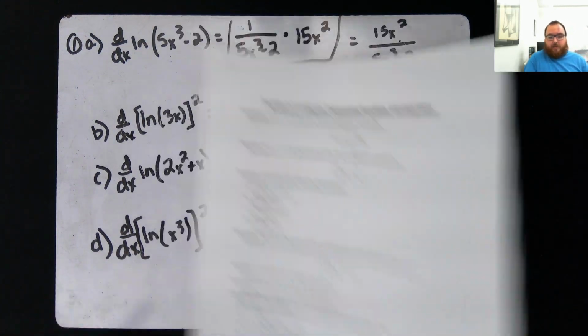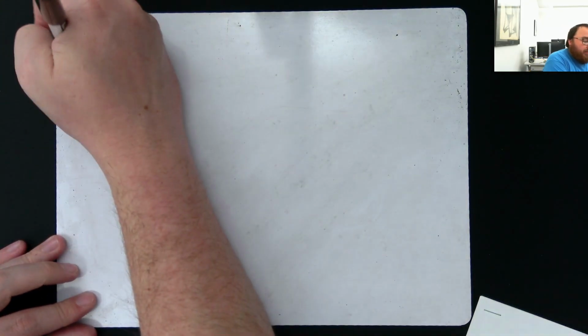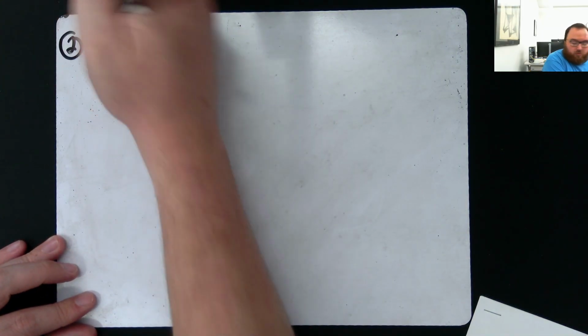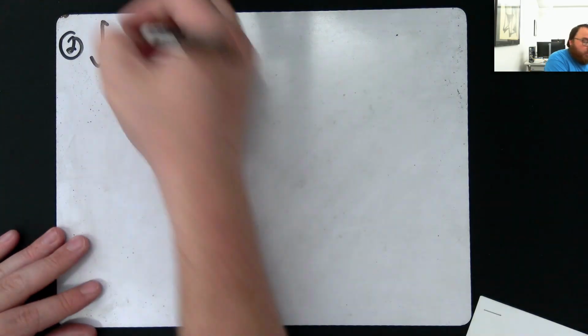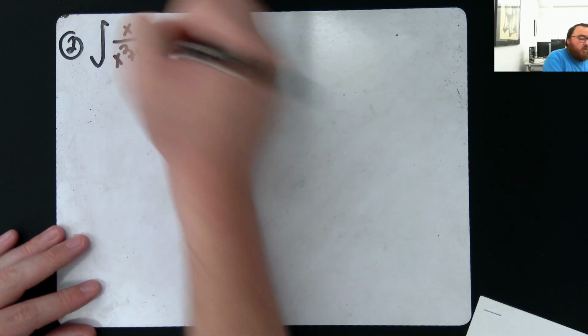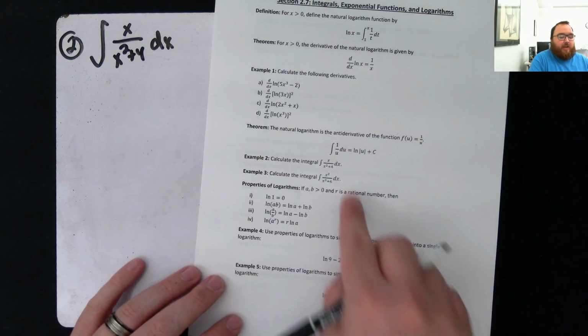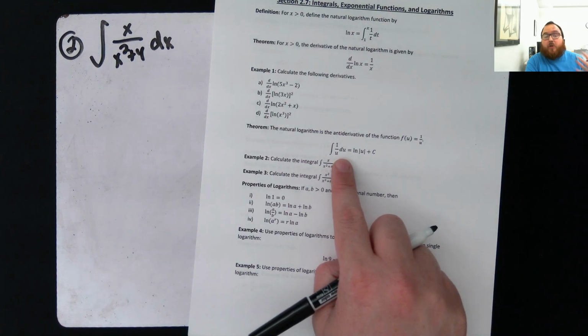So let's look at example number 2. Example number 2 wants the integral of x over x squared plus 4 dx. So on first glance, it may not actually look like this, but it really is.